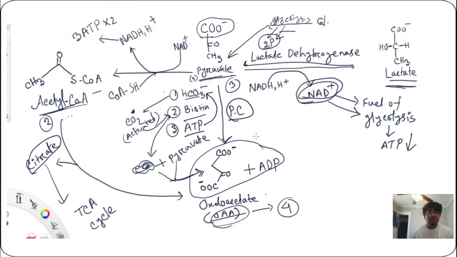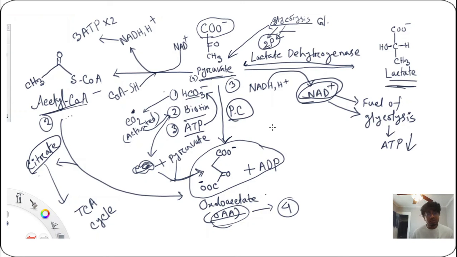So producing oxaloacetate is hard. That's why pyruvate will produce acetyl-CoA, which will input into the TCA cycle and react with oxaloacetate and produce citric acid or citrate, and then citrate to isocitrate, then alpha ketoglutarate, then succinyl CoA, and later we'll get malate to oxaloacetate.